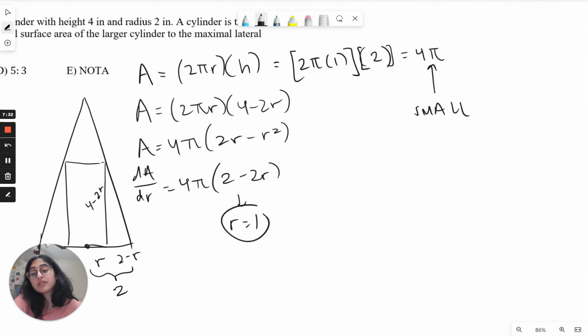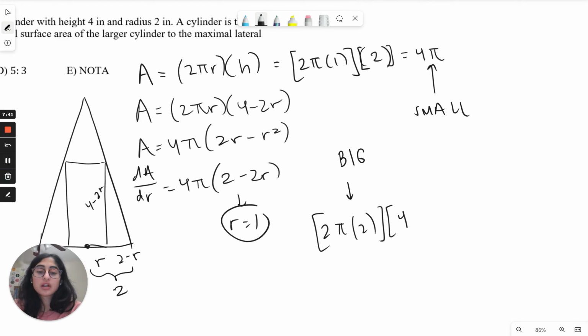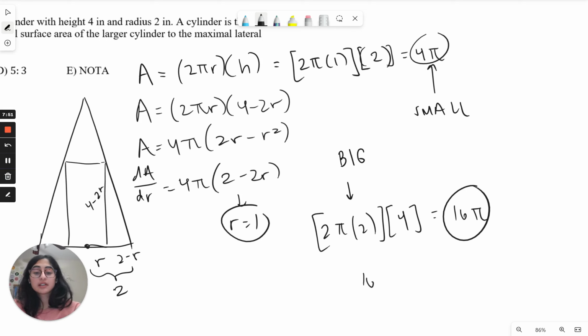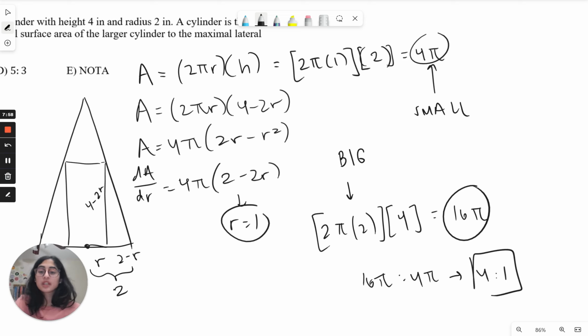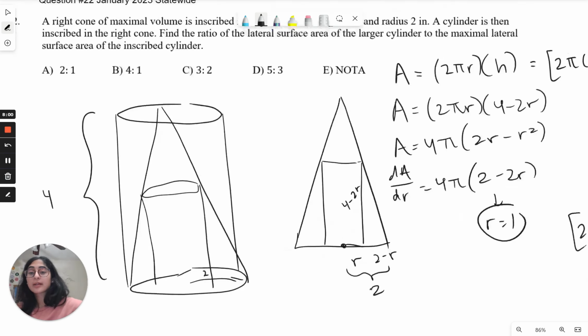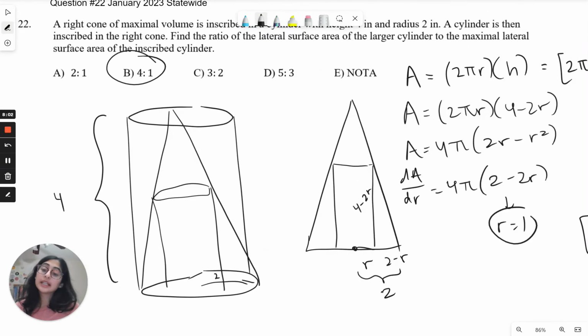In this case, we know the radius is 2 and the height is 4, so 2 pi times 2 times 4 gives us an area of 16 pi. This is the area of the big cylinder, and this is the area of the small cylinder. So the ratio is 16 pi to 4 pi, which simplifies to 4 to 1. So that right there, answer choice B should be the answer.